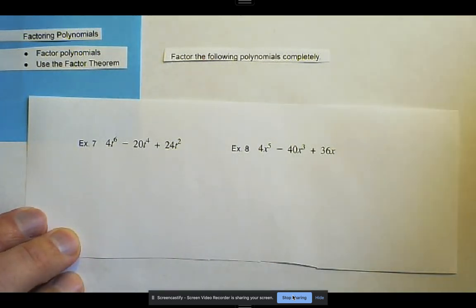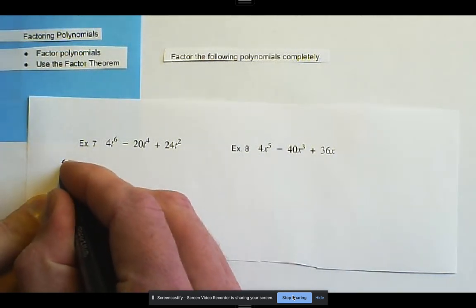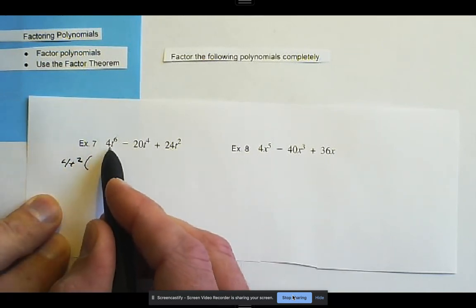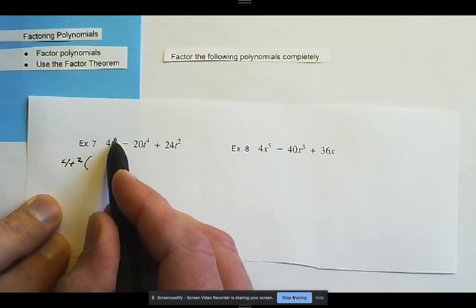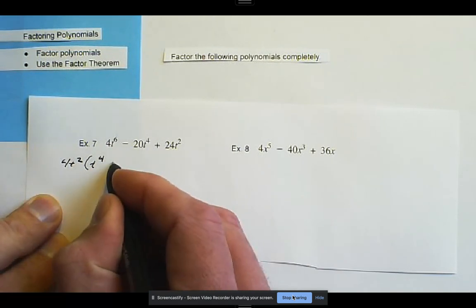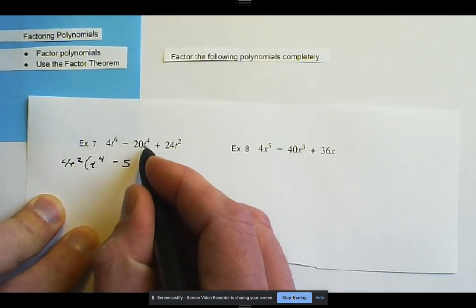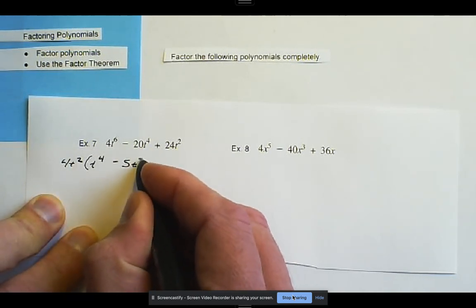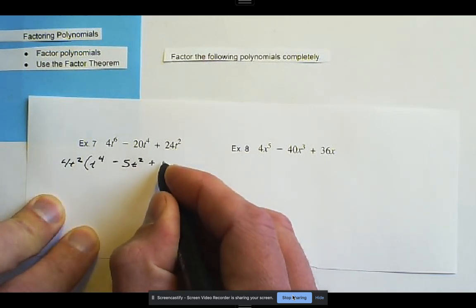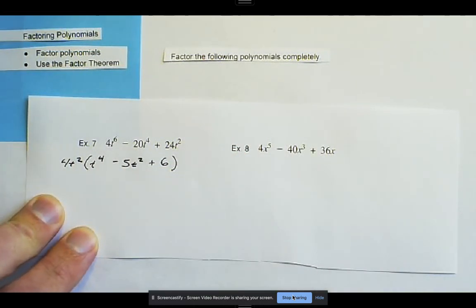So we will factor out 4t squared. 4t to the 6th divided by 4t squared is t to the 4th. 20 divided by 4 is 5. t to the 4th divided by t squared is t squared. And 24 divided by 4 is 6. And t squared divided by t squared is 1.